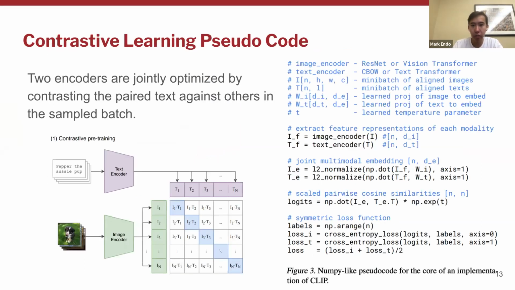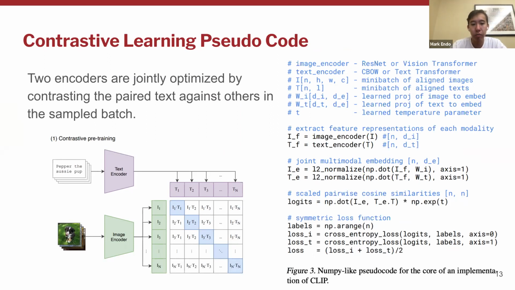Now, here's a little bit of the pseudocode of the CLIP model. What we're going to be working with today will look a little bit like this. As we can see in the top line, we have an image encoder, so we're encoding some image into some image embedding, and then the text encoder creates some text embedding or text feature.